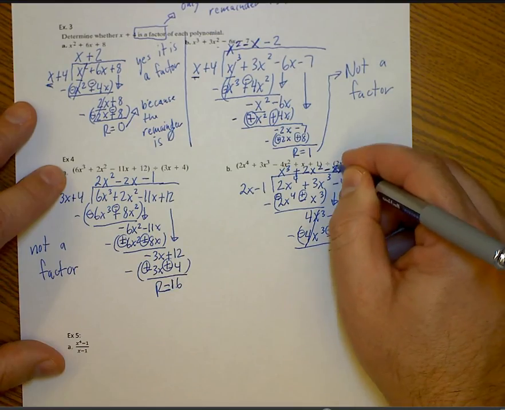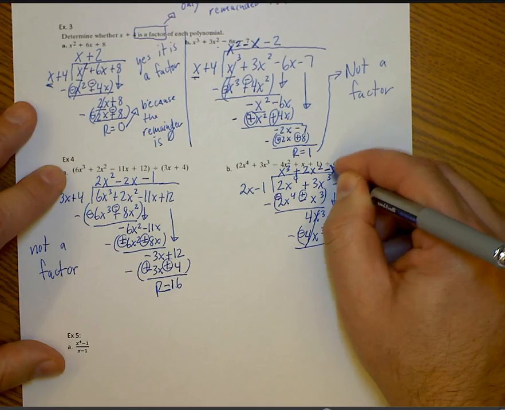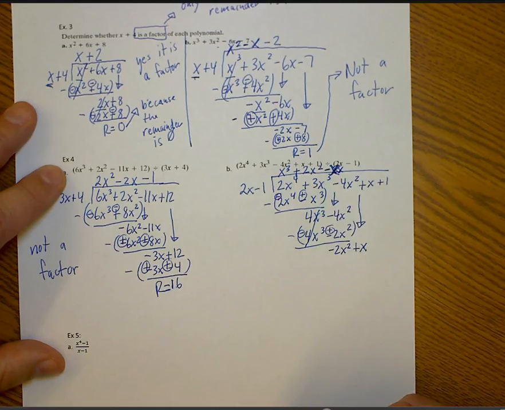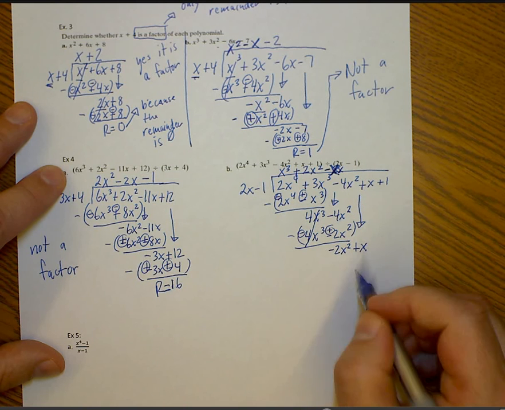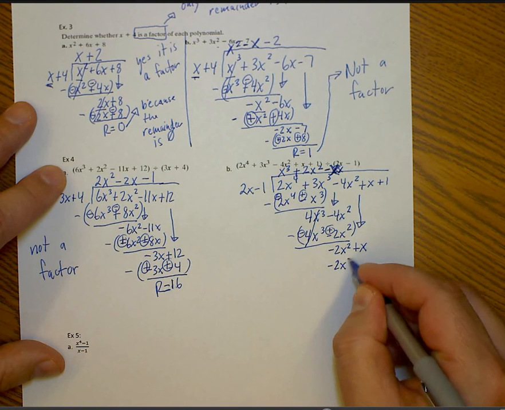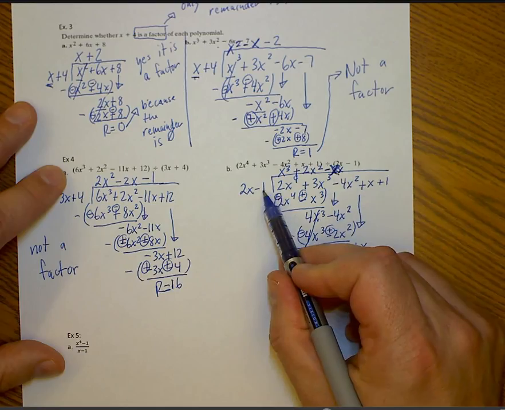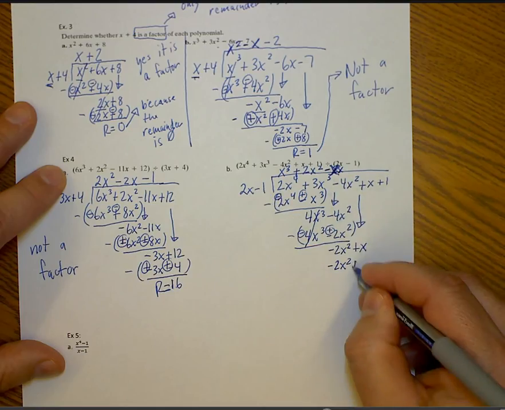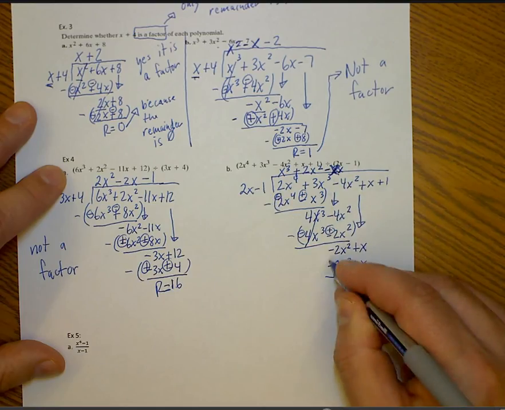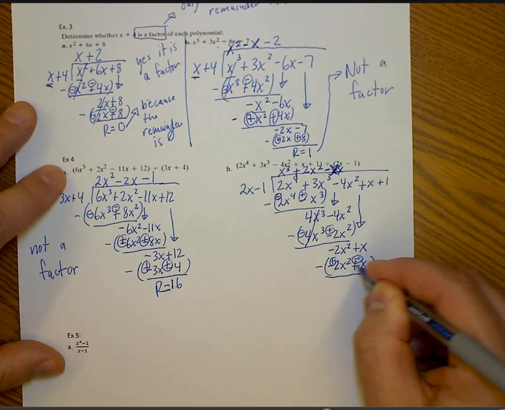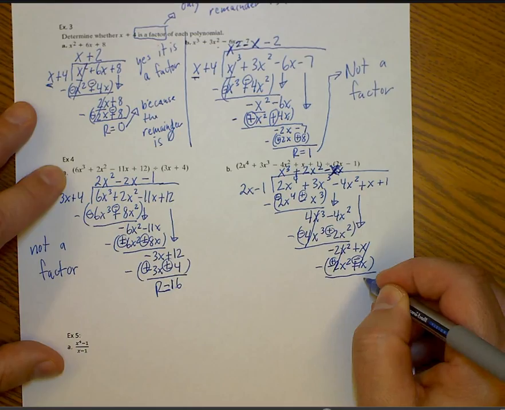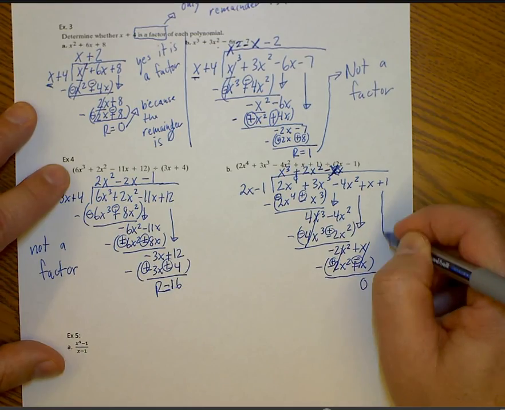So change it to minus 1x. 2x times negative x is negative 2x squared. Negative x times negative 1 gives me plus x. Change both signs. 0 plus 1.